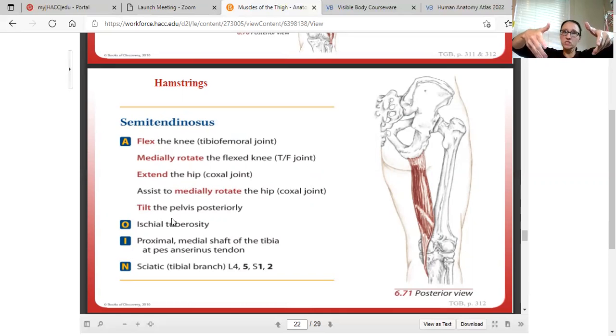And the posterior tilt of this pelvis is the opposite. So we're actually setting the ASIS back a little bit further, and the PSIS then would actually kind of go towards the floor. That's what these can do. They actually pull the pelvis into a posterior tilt when they are really tight.